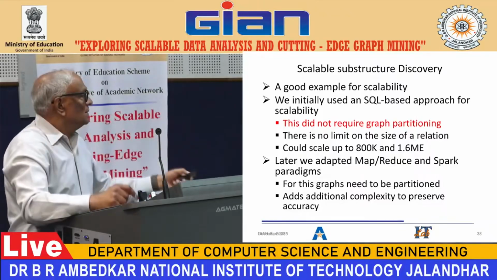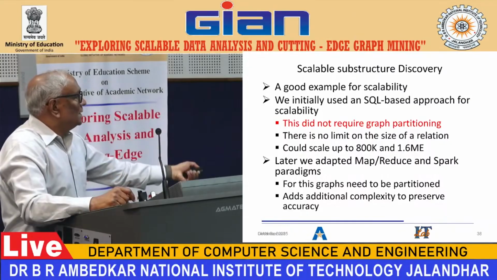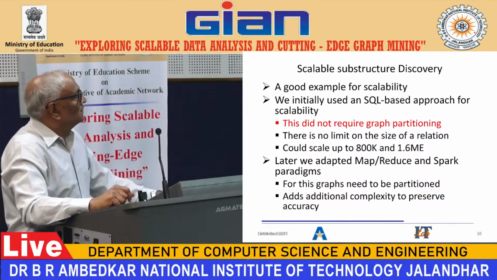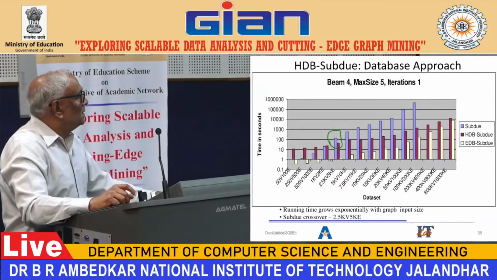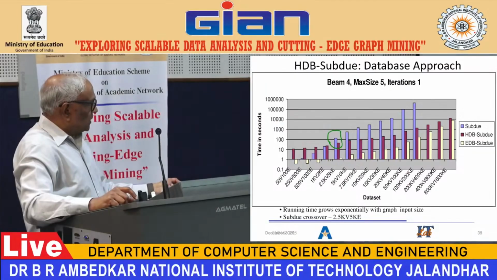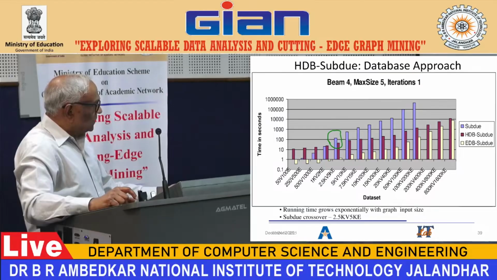So you can see how scalability works, and later I will show you tomorrow the MapReduce version. So this is a nutshell of what we did. So you can see here the sizes, 50,000 vertices, 100,000 vertices, 800,000 vertices, 1.6 million. HDB-Subdue is ours.